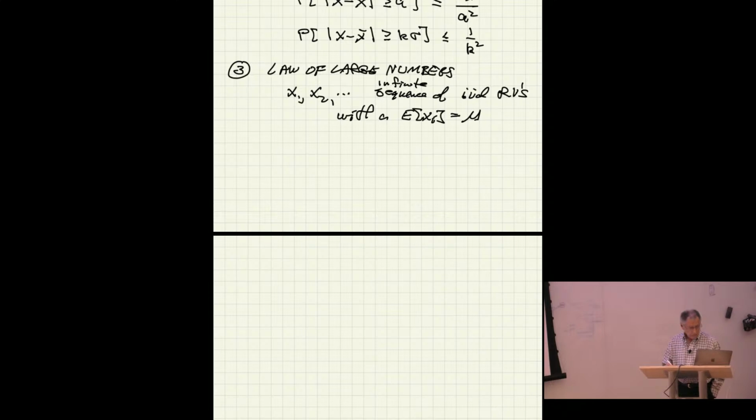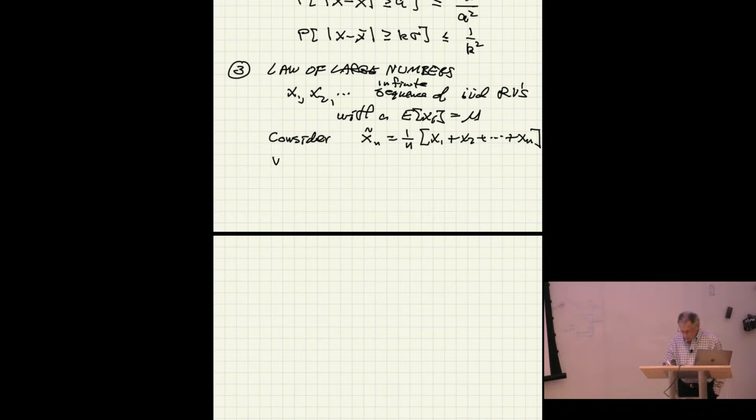And I want to consider a particular function of those sums. I want to consider something that we call the sample mean. It's written as x sub n with a tilde above it, just to give it a different symbol, which is 1 over n times the sum of the first little n of them. It's called a sample mean.